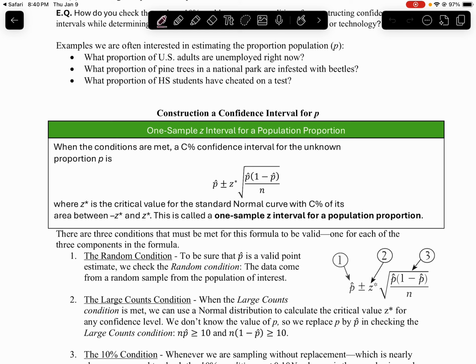We have our p hat, which is our sample proportion, plus or minus our z star, which we're going to look at in a second, multiplied by the square root of p hat times 1 minus p hat divided by n. That little part right there should look a bit familiar to you.